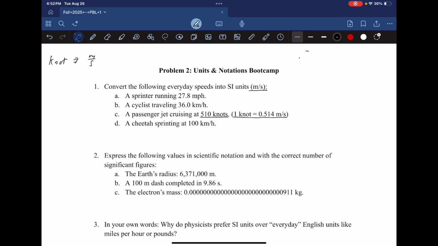So we can have 0.514 meters per second on the top, and then 1 knot on the bottom.